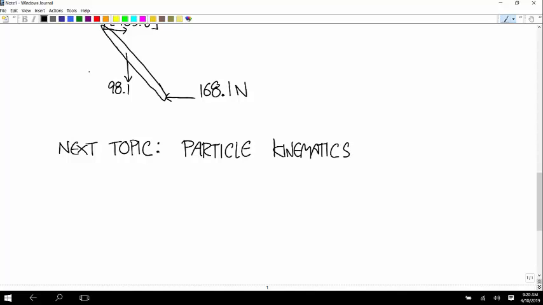So we started out with particle kinematics, then we did particle kinetics, then we did rigid body kinetics. Now we're going back all the way to the beginning, particle kinematics. But when we did it before, we did it in non-rotating coordinate systems. Now we're going to deal with rotating coordinate systems.